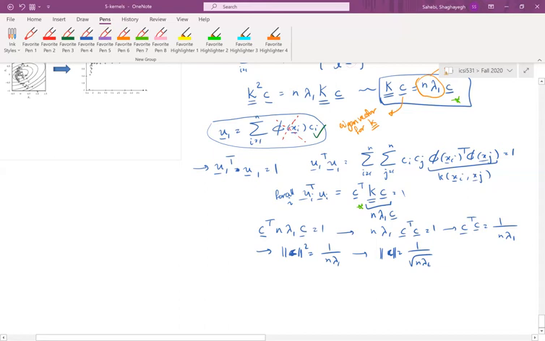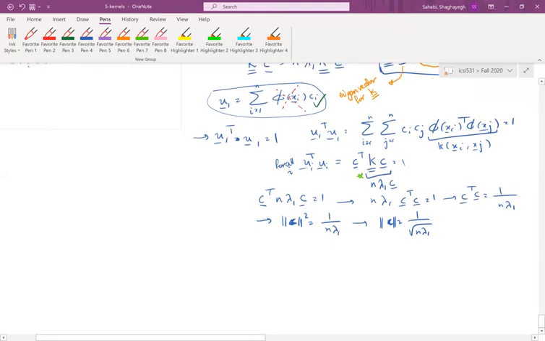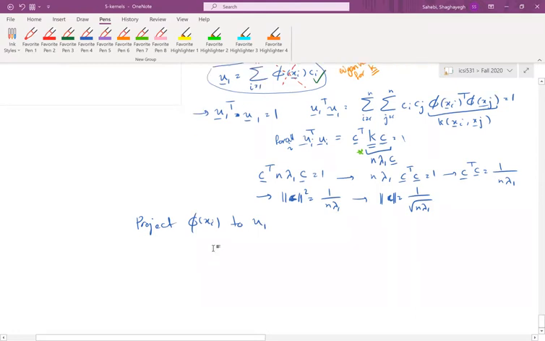Okay, so using that, I can easily normalize my vector C just to make sure that my U1 transpose U1 is going to be equal to 1. And this way I can easily project my data points onto U1. How did we do the projection? If I want to project my phi of xi onto U1, I can calculate U1 transpose phi of xi.